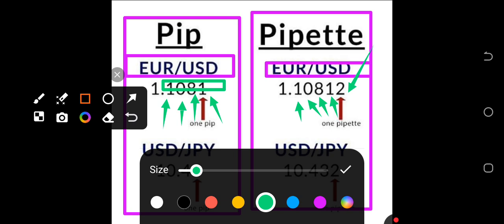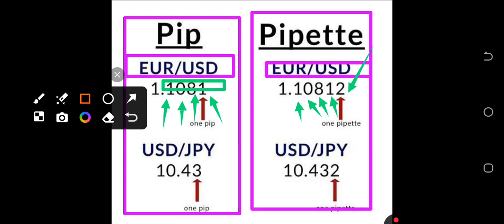Now look at the Japanese yen. US dollar, Japanese yen, as you can see here, USD JPY. Here is the currency code. The second digit after the decimal point, which is 3. Before the decimal point, we have 4 and 3. So like I told you, the USD JPY pair, or any currency pair that has the Japanese yen attached to it, you always see it like that.